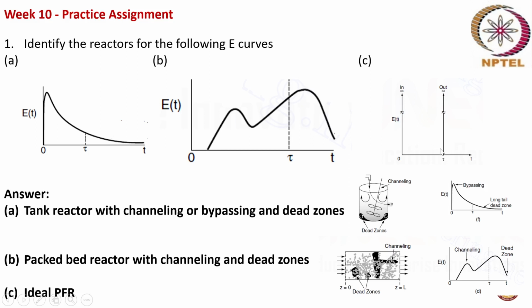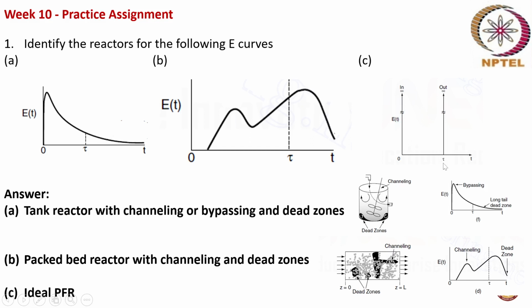This corresponds to an ideal PFR. That means all the atoms have the same residence time. That is why we could see an input of the tracer at the inlet as a spike at t equal to 0, having a height of infinity, and the same spike could be seen for the output at time t equal to tau.